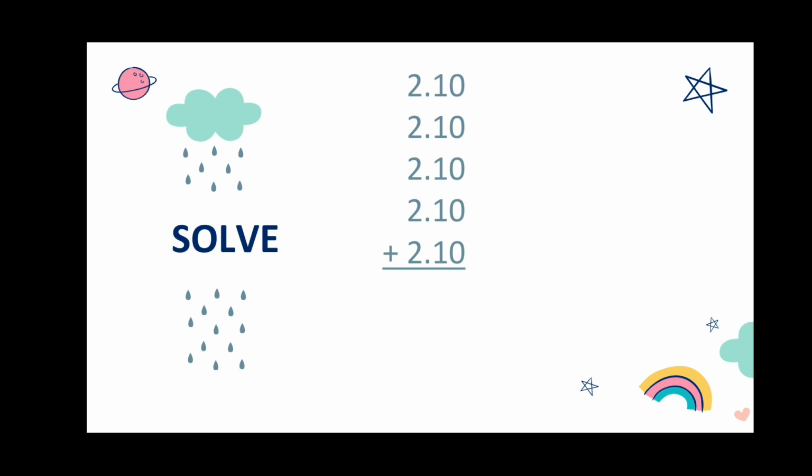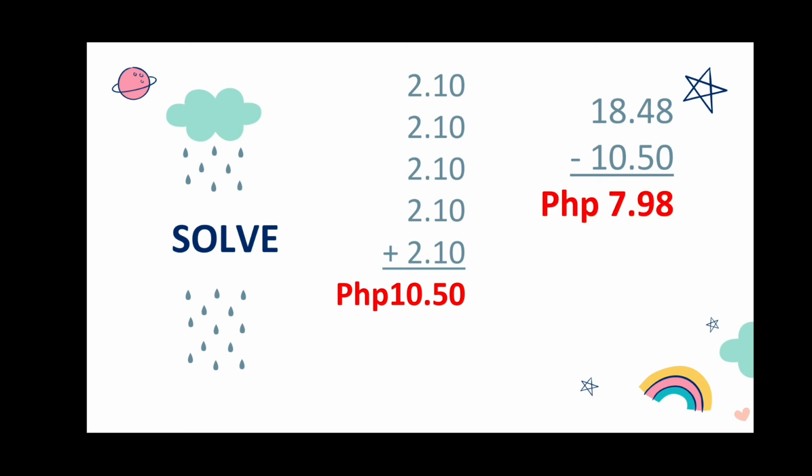So, i-add natin ang amount ng bawat isang candy. And the total amount of the 5 candies is 10 pesos and 50 centavos. So, we're going to subtract that from the amount of money na meron si Mang Tino, which is 18 pesos and 48 centavos. Now, the difference is 7 pesos and 98 centavos.